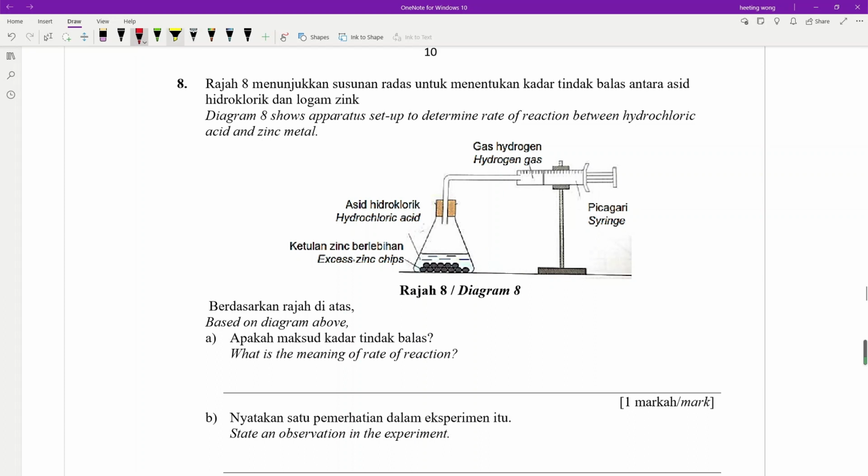Okay, so here you can mention the release or formation of volume of hydrogen gas per time. Okay, over the time.